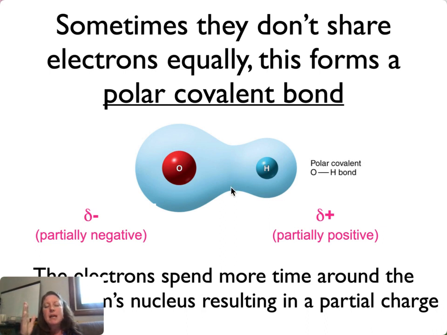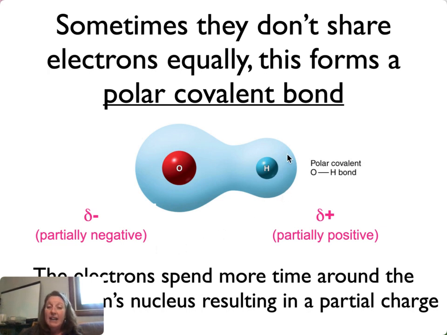And because they spend more time on one side of the molecule, this end of the molecule becomes partially negative because the electrons are just here more of the time. And this is how we designate it. This is the lowercase delta, the Greek letter delta. Just looks like a number 8 that you didn't finish drawing.